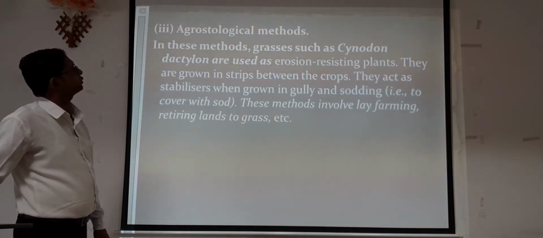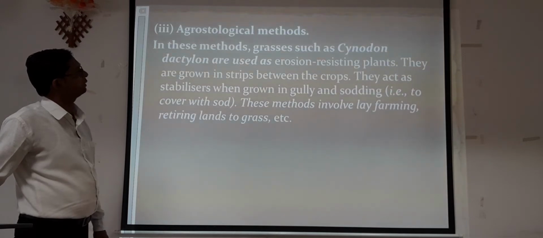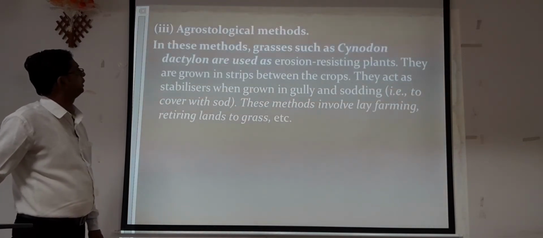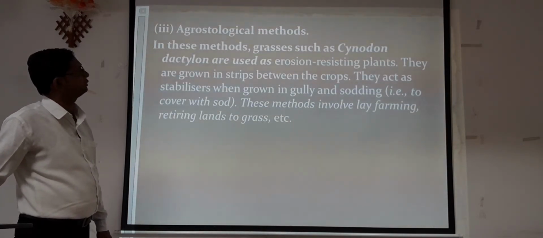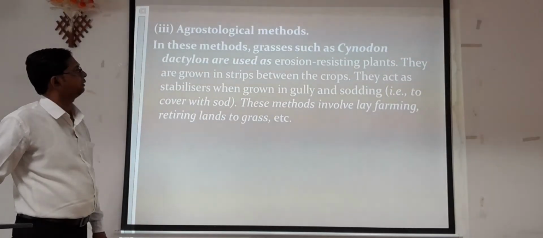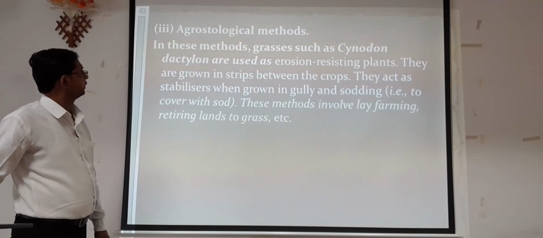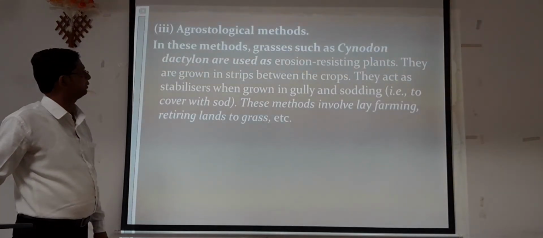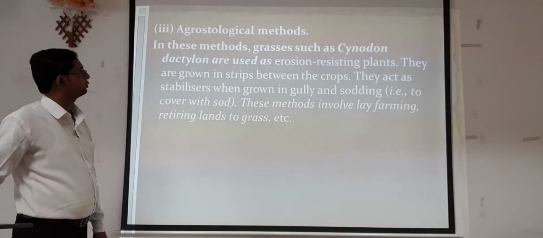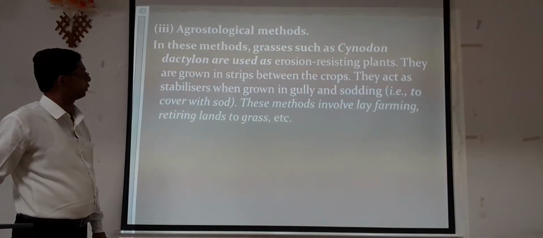Now the agrostological methods. In this method, grasses such as cynodon dactylon are used as erosion resisting plants. They are grown in strips between the crops. They act as a stabilizer when grown in gullies and sodding, that is covered with sod.